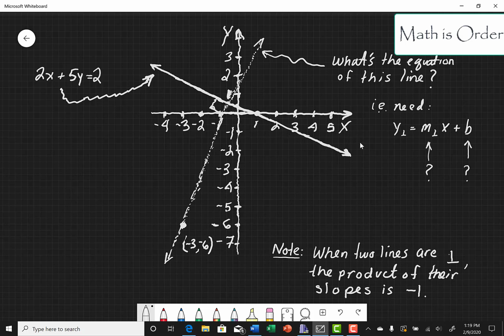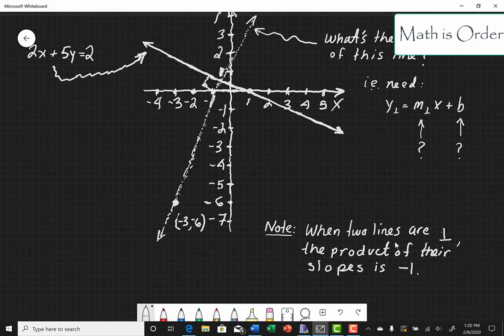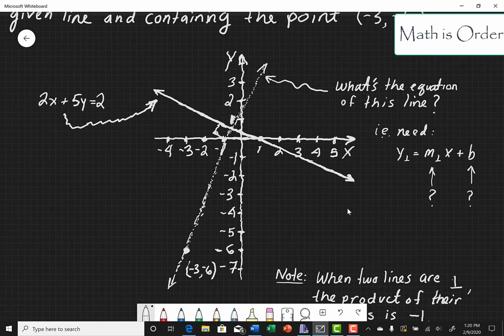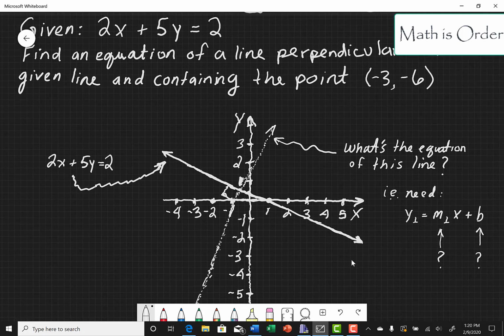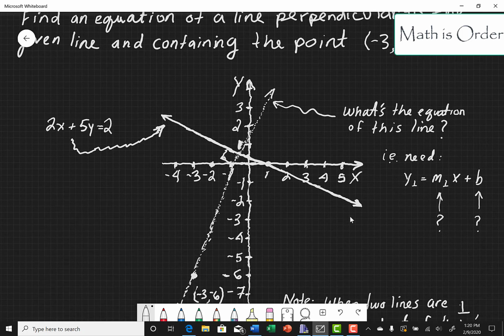Similar to before, we're going to need to know the slope and the y-intercept of that perpendicular line. Another fact we need is that when two lines are perpendicular to each other, the product of their slopes is -1. So hopefully we now understand the question very clearly, and let's proceed to solve it.